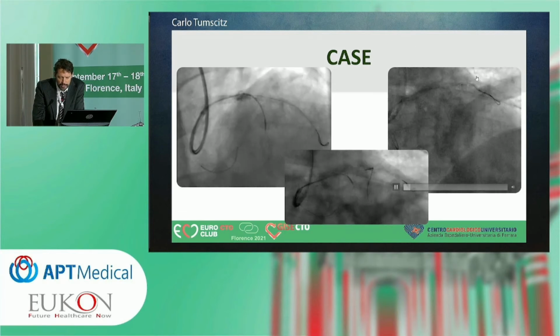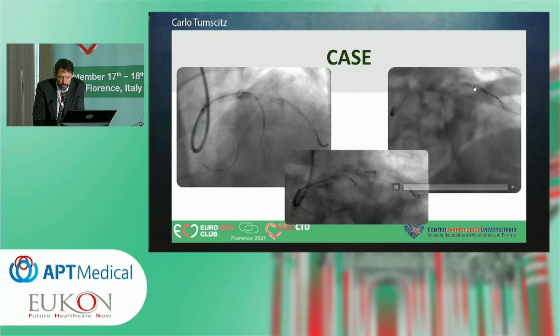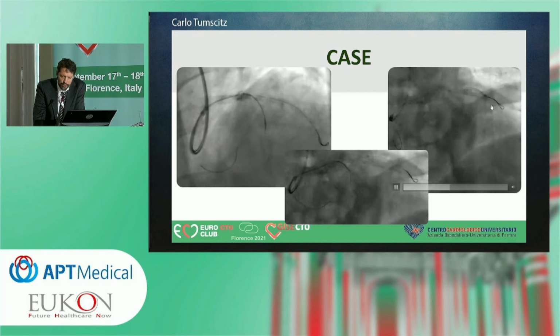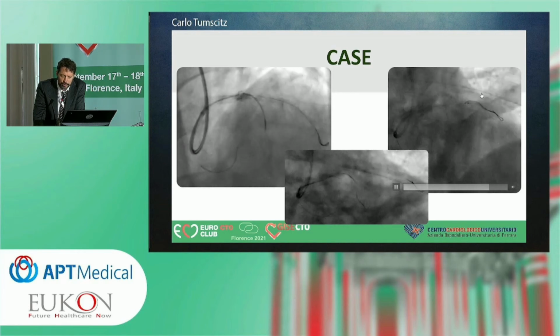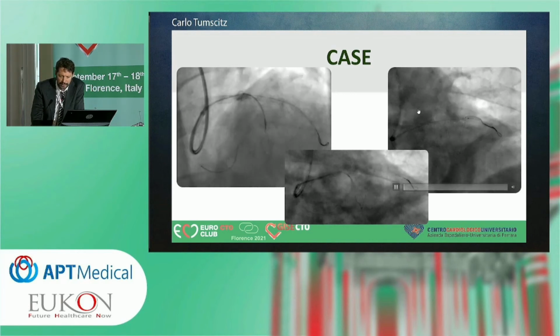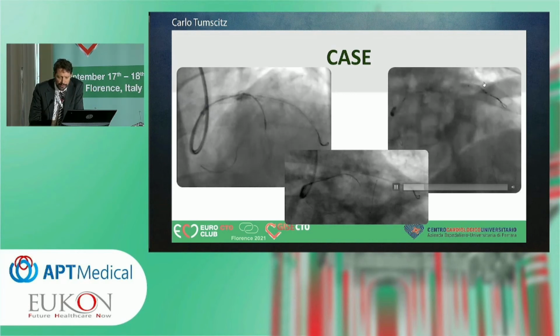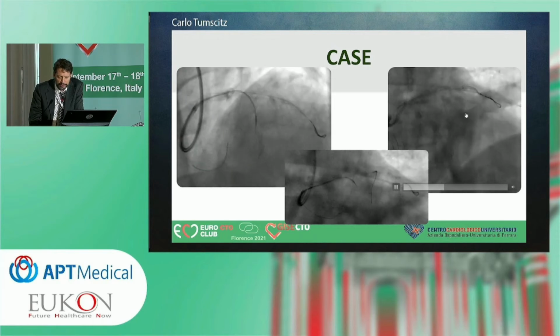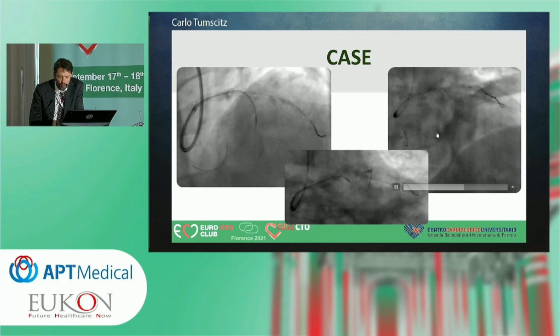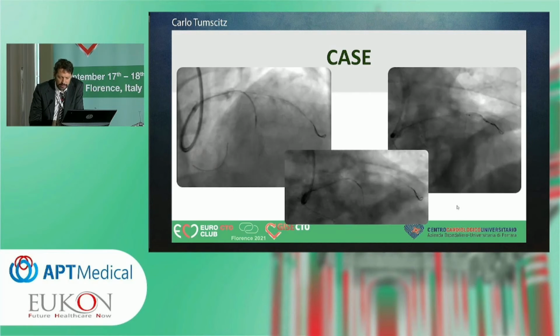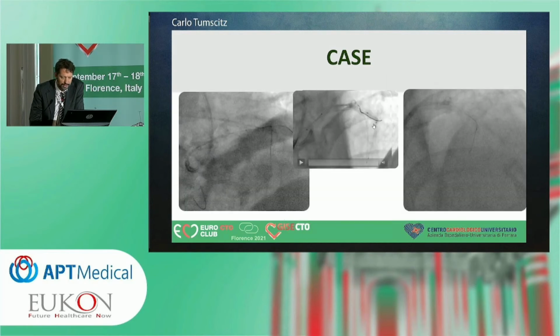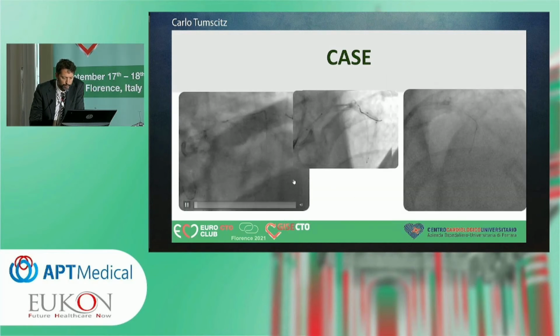The problem here was again going toward the proximal part, because the guide wire was going down to the diagonal, not the LAD. So we decided to trap the guide wire in the diagonal to have a little more force, and we didn't need exactly a reverse CART, but after several dilatations to help, we were able to cross retrograde up to the proximal LAD.